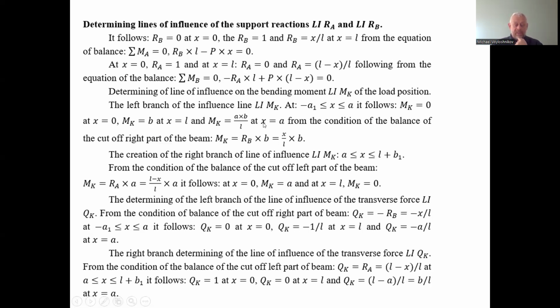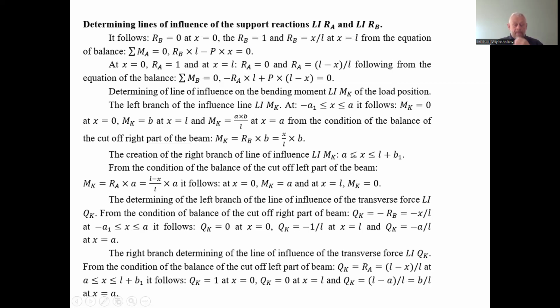If x equals A, we consequently substitute the magnitude of x into this balance equation for the bending moment for the left branch of the influence line.